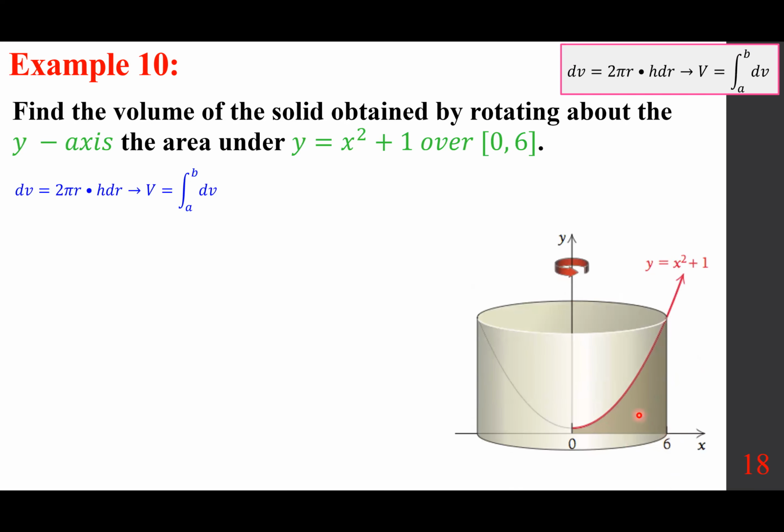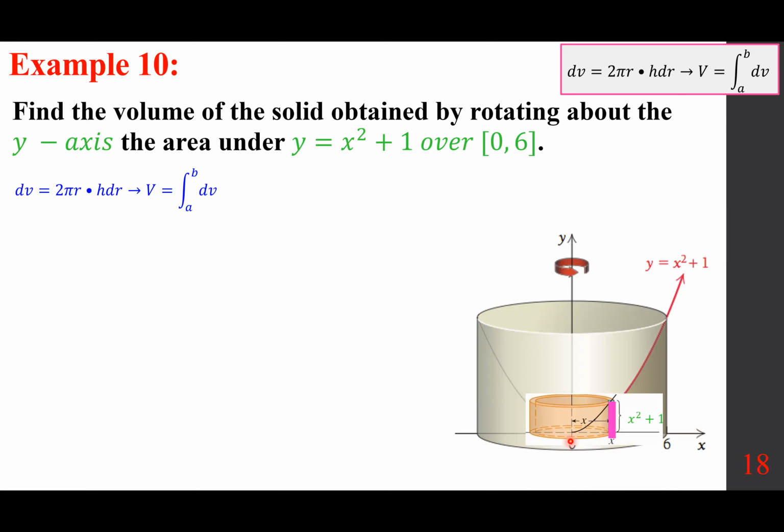So this is the area from 0 to 6, this shaded region. And when we revolve it about the y-axis, we're going to use the method of shell. So this is an increment that, by revolving about the y-axis, creates this shell.